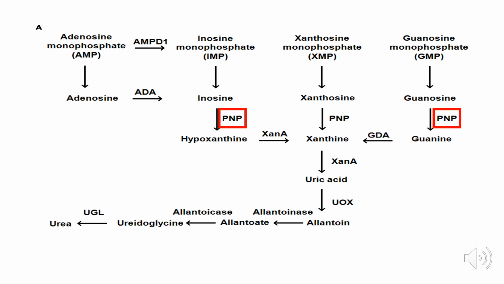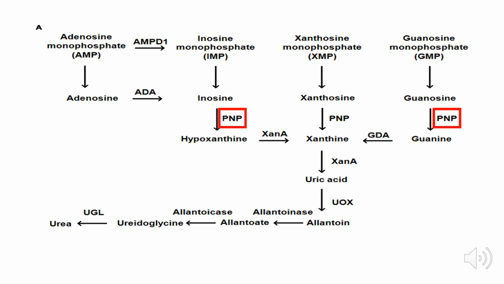One of the portions of the nucleotides is also the guanosine. And this guanosine is eliminated by purine nucleoside phosphorylase enzyme. Now, what will happen is inosine is converted by PNP enzyme into hypoxanthine. Hypoxanthine is converted to xanthine, and xanthine is later metabolized to form uric acid. And this uric acid is eliminated by the kidney through the urine.